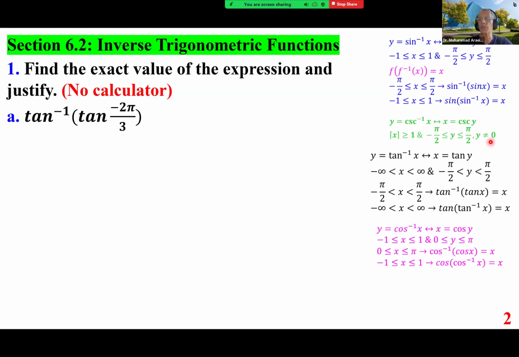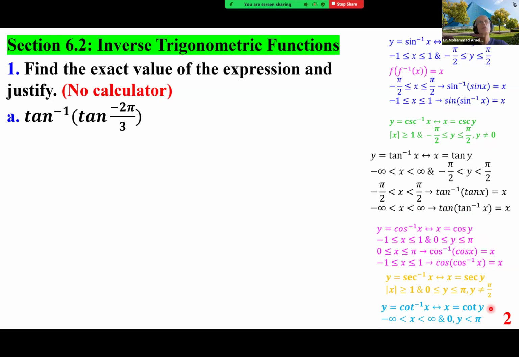Of course, y can't be 0. It goes from negative pi over 2 to pi over 2. Secant, just like cosine, from 0 to pi, y can't be pi over 2. Cotangent is from 0 to pi. The endpoints are not included.